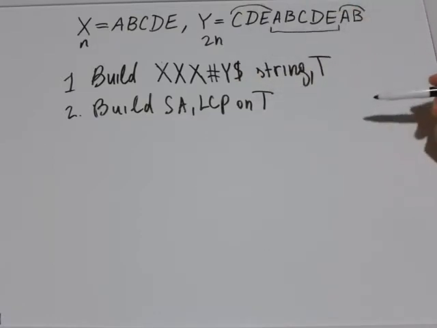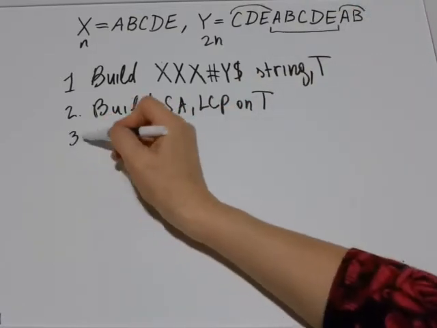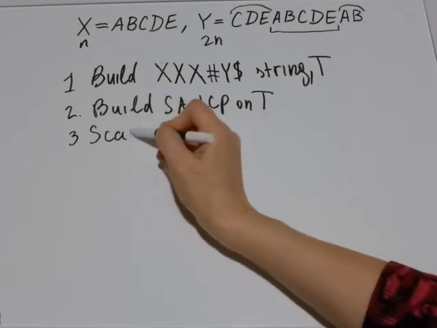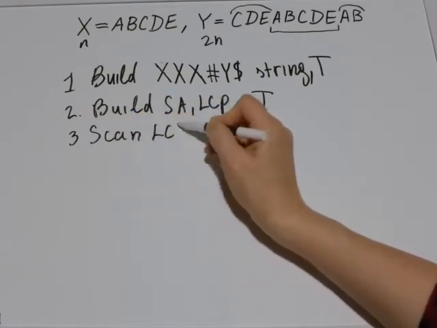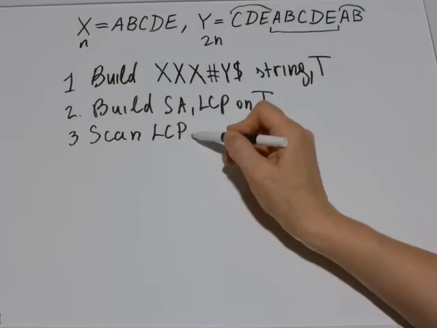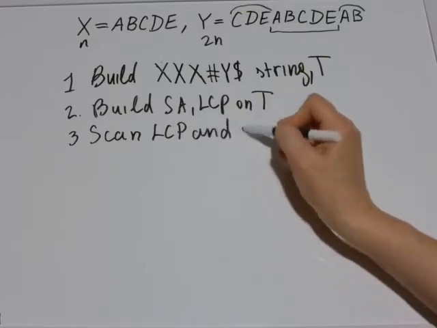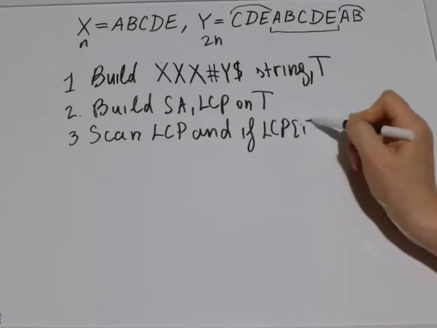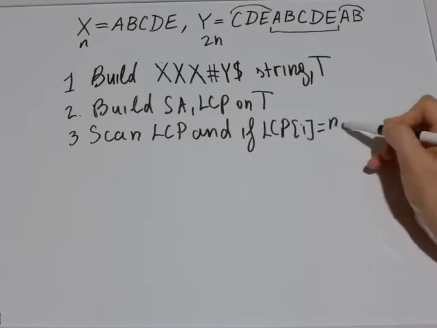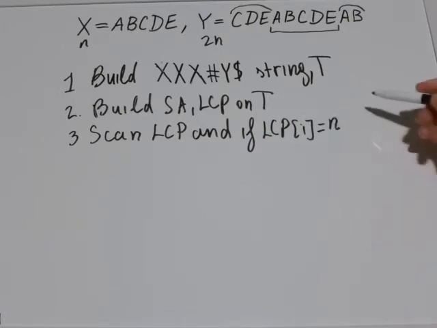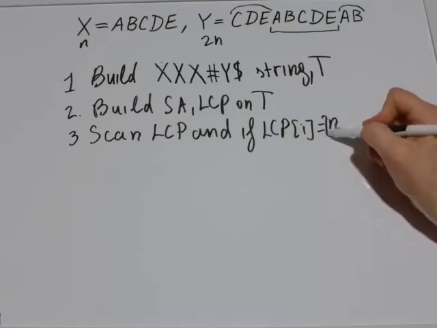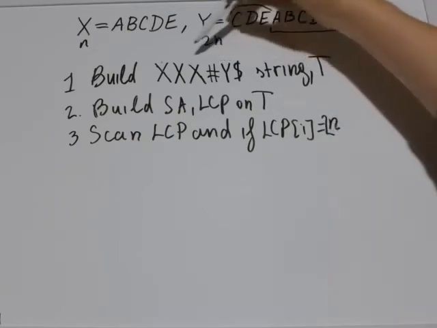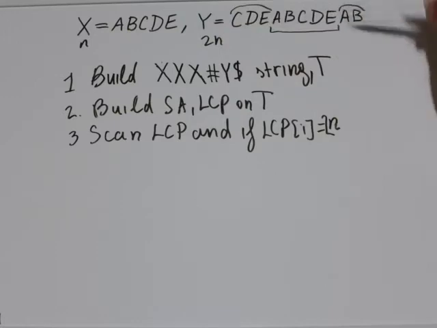And then what do we do? Then we scan LCP, and if LCP of i is equal to n, actually 2n, because y is of 2n length.